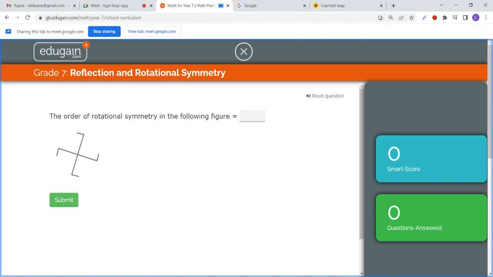Usually, when you rotate after one complete cycle, the point that starts should end up at the same point. So, how many orders of rotational symmetry are possible for this figure? Two. Okay, let's see.